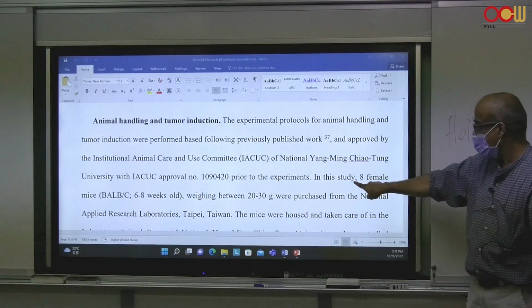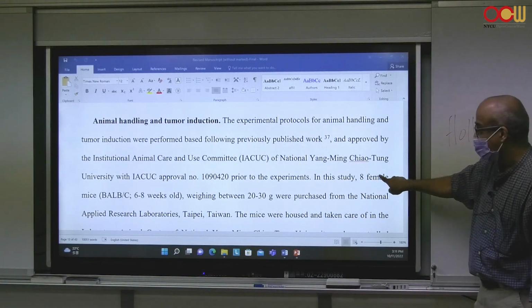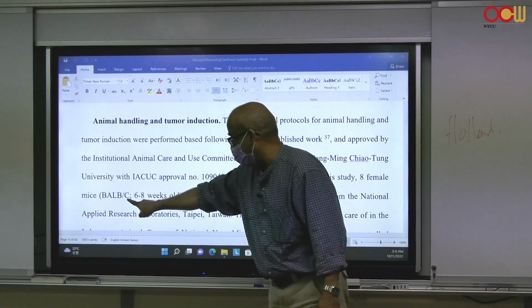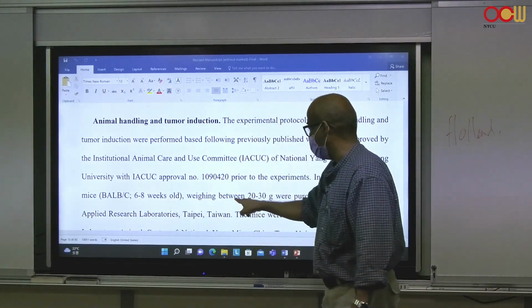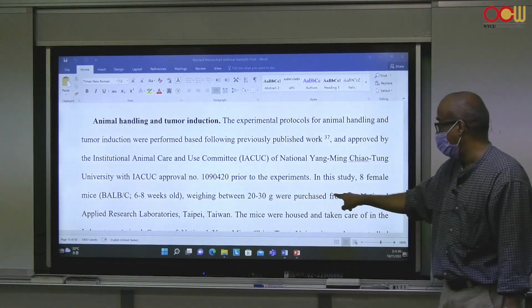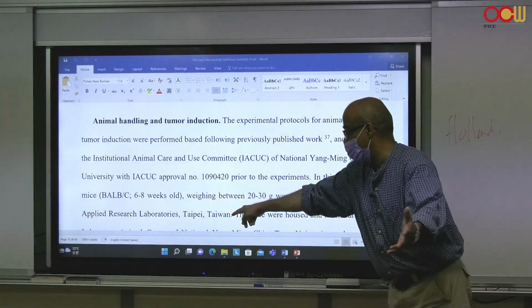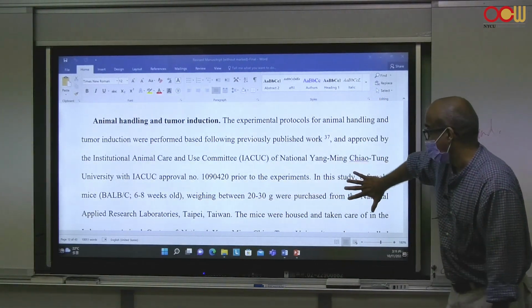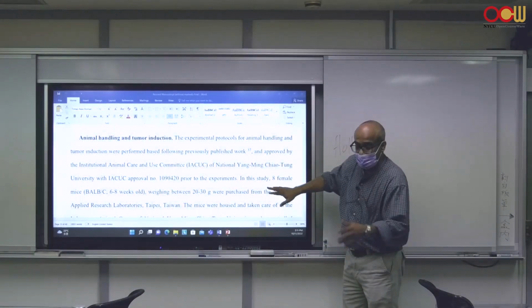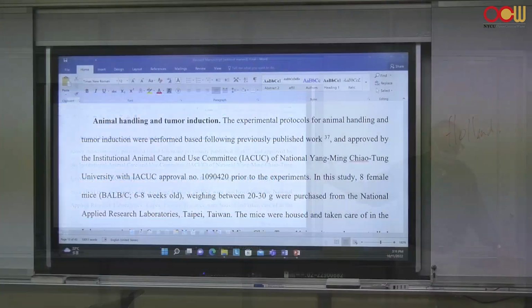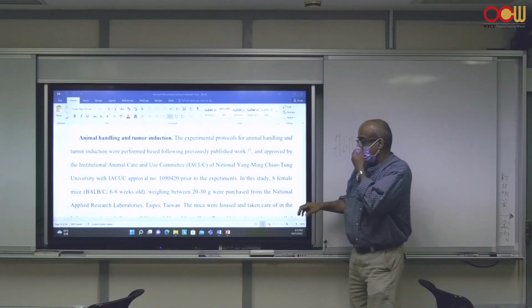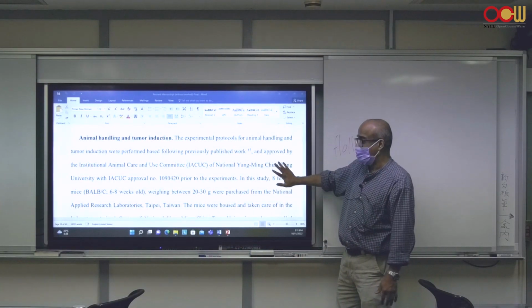And then you see, in this study, 8 female mice, BALB/c, 6 to 8 weeks old, weighing between 20 and 30 grams, were purchased from the whatever National Applied Research Lab, NARL, Taipei, Taiwan. So this is the subject. If your subjects are human, you have to also write like that. So here, in my case, it was mouse.